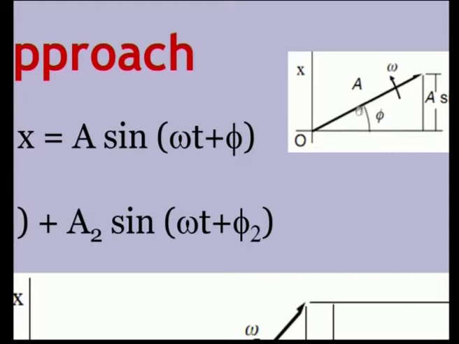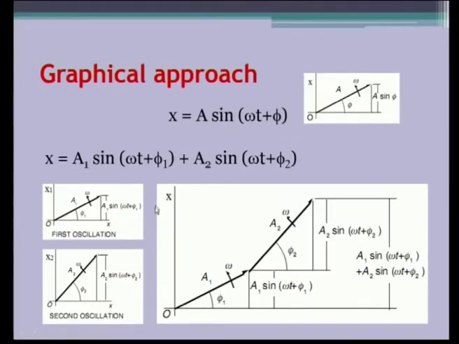Now, this is only one representation. Like that, we need to represent two SHMs. See here, the first oscillation is represented as I have explained for the single case, and this is for the case of the second oscillation.